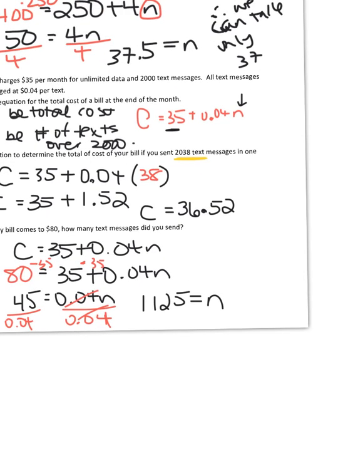So how many texts in total? Remember, it's over the 2,000. So therefore, we've sent 3,125 because we have to add on 2,000 to get our total. They're not going to charge us any extra until you go over that 2,000.